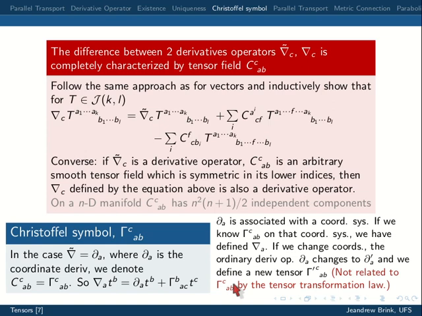You just can't do that, because this tensor is associated only with that derivative operator, and this tensor is associated only with this derivative operator. But what is true is that once you have that pair or that pair, they combine to make something that doesn't depend on your coordinates.